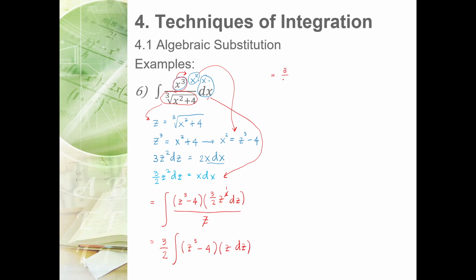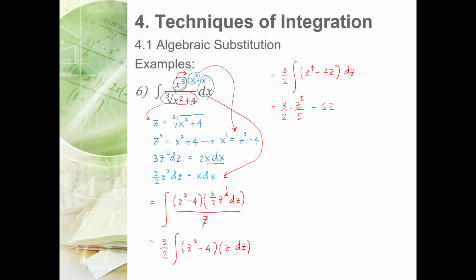So expanding further by multiplying z with the binomial, we have z to the power of 4 minus 4z dz. So you can now integrate easily. So 3 halves times z to the power of 5 over 5 minus 3 halves times 4, that would be 6, right?